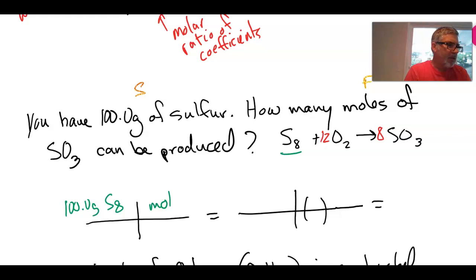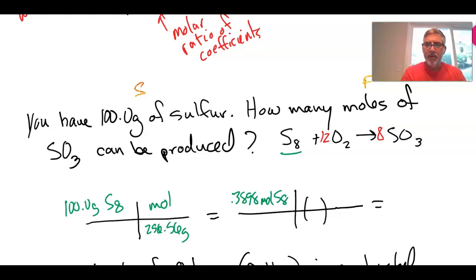I've already done this ahead of time, so I know the mass of S8 is 256.56 because it's 8 times the mass of sulfur. And if I do that, I get 0.3898 mole of S8.